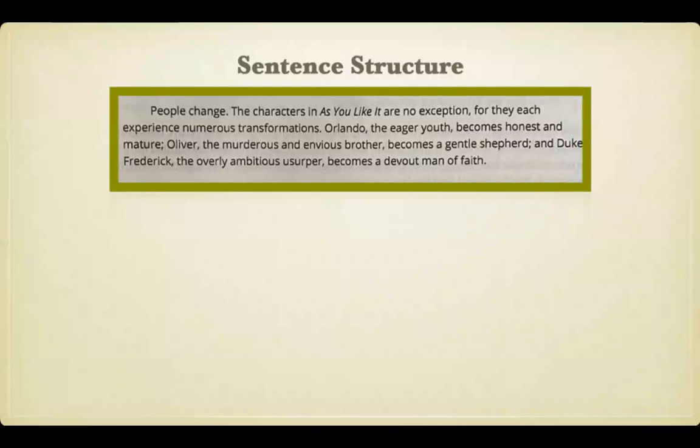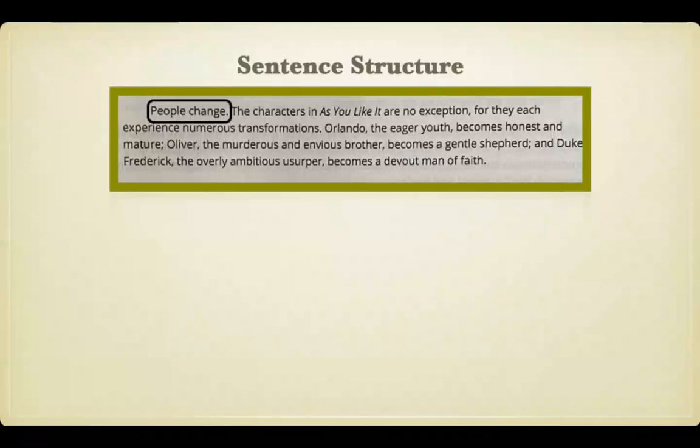Oliver, the murderous and envious brother, becomes a gentle shepherd. And Duke Frederick, the overly ambitious usurper, becomes a devout man of faith. In this example, the author uses a short sentence to emphasize the most important idea, and that is that people change.